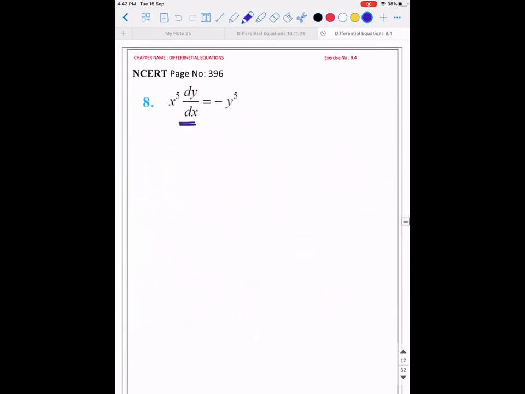Now see, you try to solve this. Minus dy divided by y power 5 is equal to dx divided by x power 5. So what is the integration answer for this?